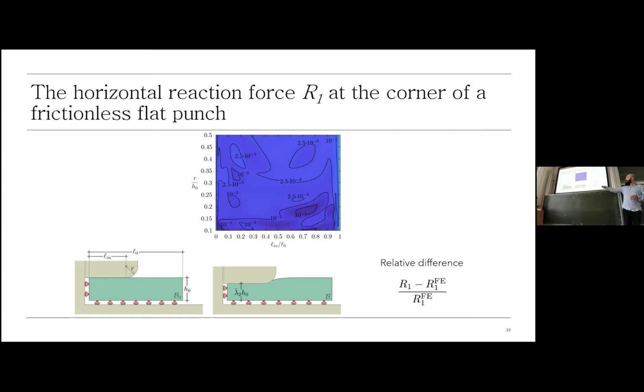While on the vertical axis we have R over H0, which is a parameter which describes the incidence of the radius of curvature of the punch when compared to the undeformed height of the solid. This error map, I don't know if you can see it, but please trust me, basically says that the relative difference is basically 0 all over the map. So the numerical approach and the semi-analytical approach are in very strong agreement.